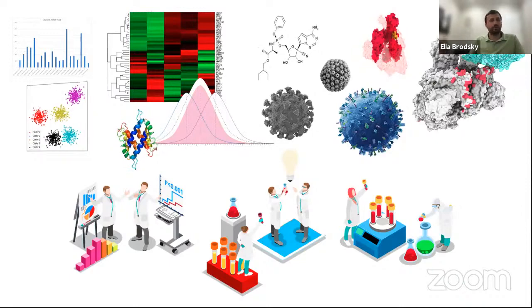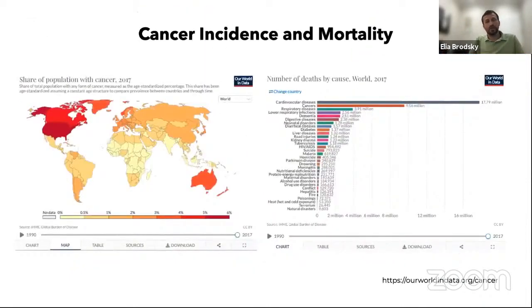So let's take an example with cancer, right? We know that cancer incidence and mortality is growing. Specifically, it is growing in countries that have already good healthcare systems. They have a lot of research. And the major driving force behind that is the growing and aging population.